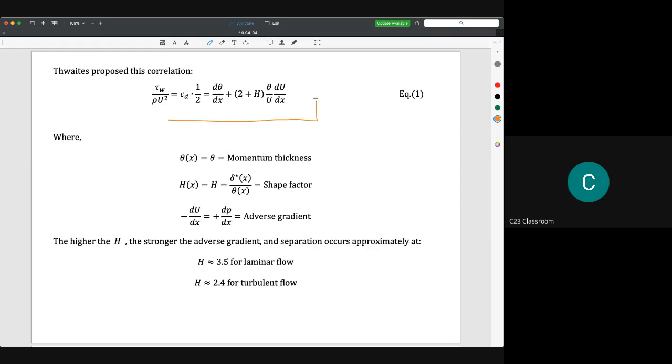This equation actually comes from curve fitting from experimental works.